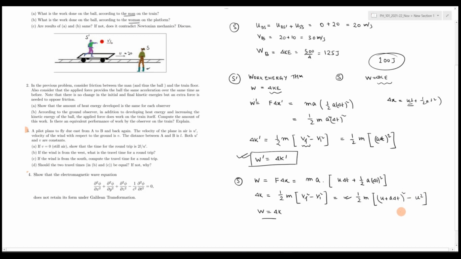Is this correct? v is equal to u plus a delta t. So the same expression will come out.